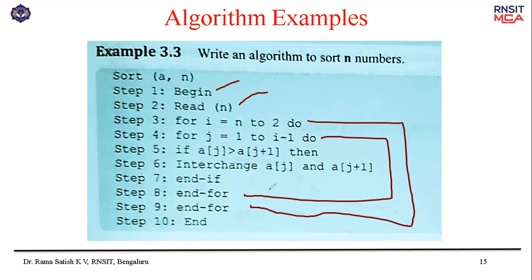Here they are asking you to sort, they are never asking you to print. Of course, if you want to print, before this step 10, you can write the array elements.